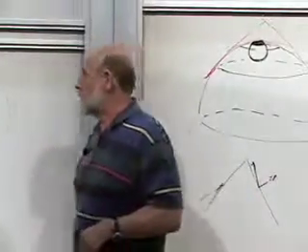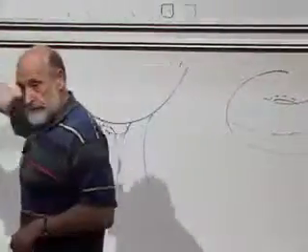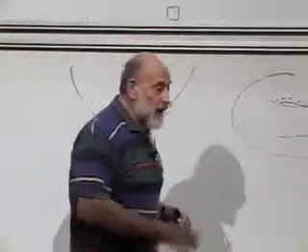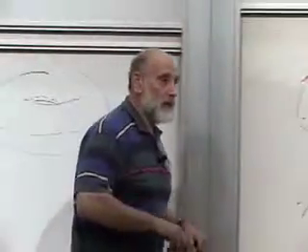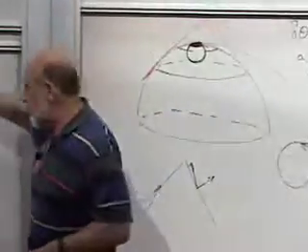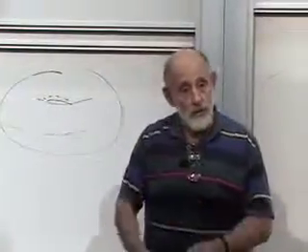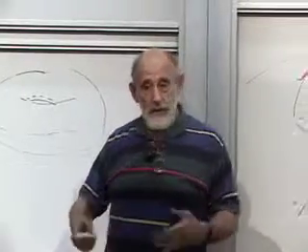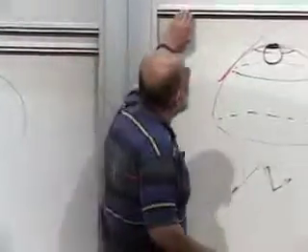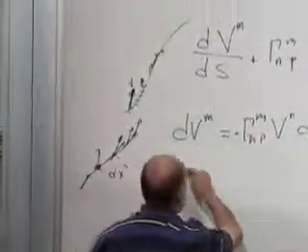All of these words are exactly the same in space-time. There are curves in space-time. You can take closed curves in space-time. You can transport vectors by exactly the same rules. The rule being right here.